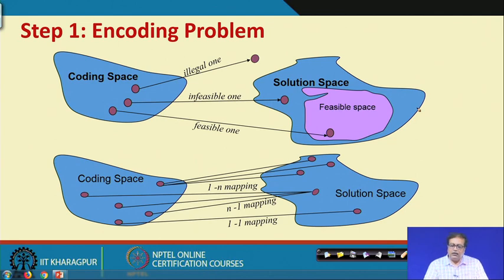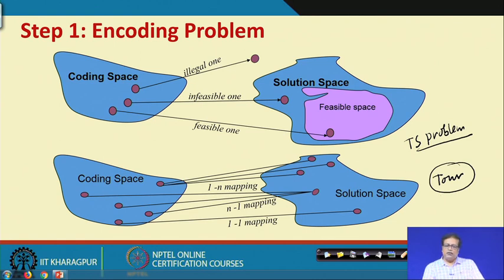So, assuming the same traveling salesman problem we are talking about, in the solution space we have a particular tour, in which the salesman moves from one city to another, and that is in your solution space.